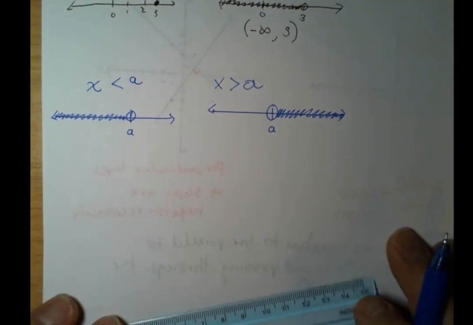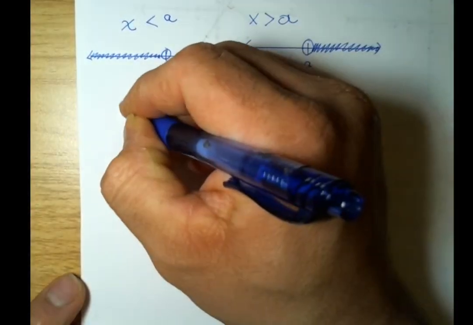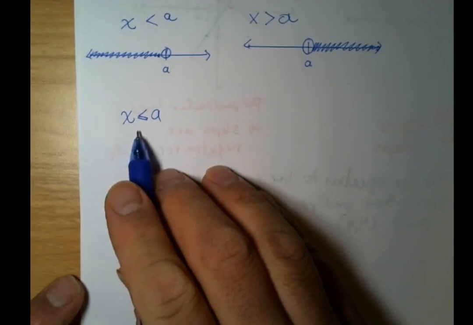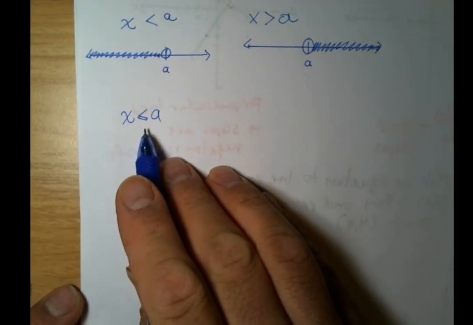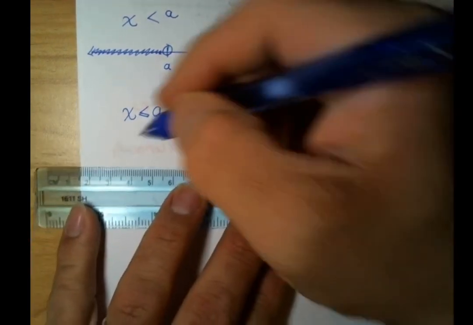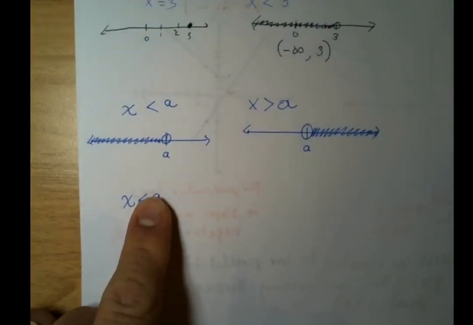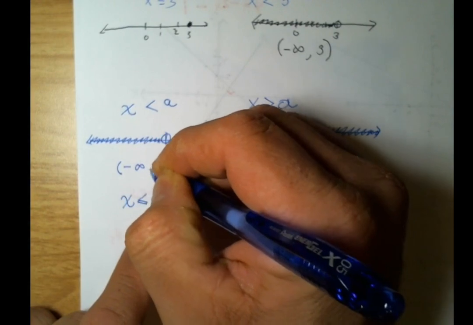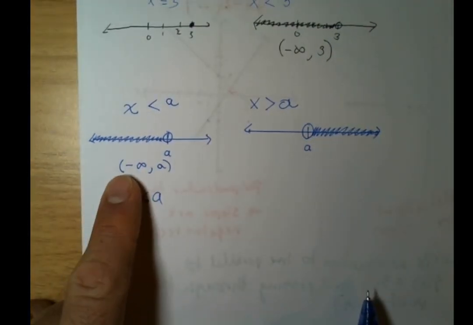Now, the other 2 inequalities that we might encounter look like this, where we have the bar under the less than: x is less than or equal to a. Before we move on, my apologies, let me go back up here and write these in interval notation.